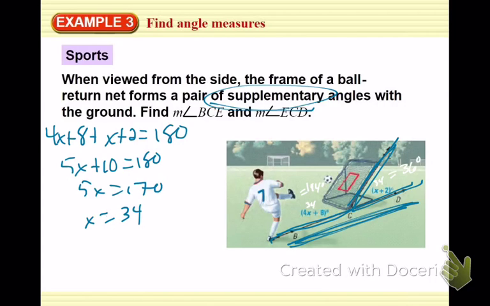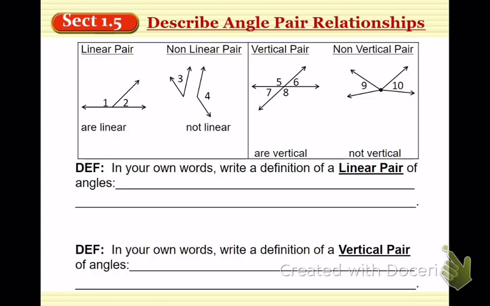And now, since one angle is 144 degrees and the other one is 36 degrees, if you add those two up, you do get 180 degrees, and so we must be right here. Okay? We can write that out in terms of the measure of angle BCE is 144 degrees, and the measure of angle DCE is 36 degrees. Okay? There you go. All right.